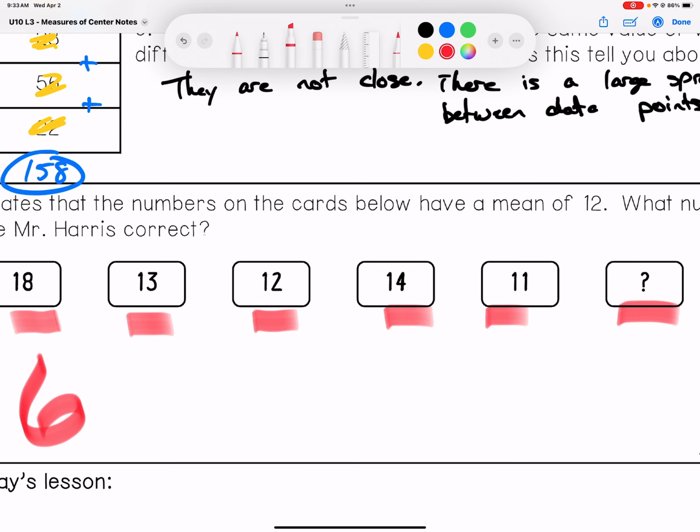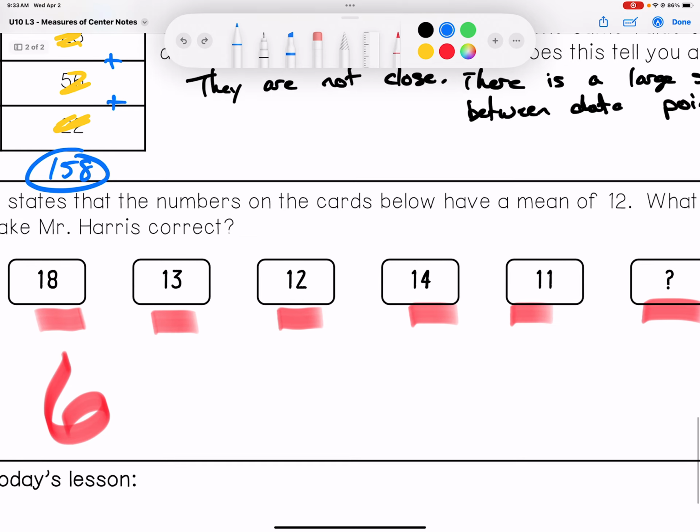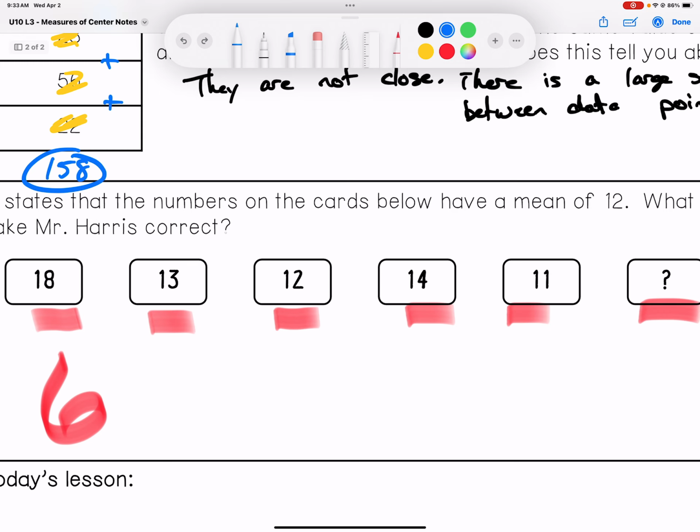So there are 6 cards. We know that for the average to be 12, there are 6 cards. What does it need to add up to be?